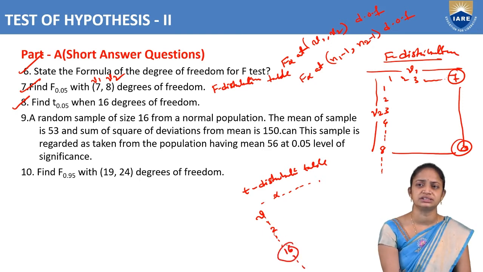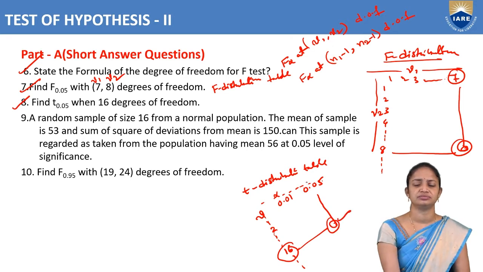We have to take 16 from nu, and for alpha, for example, this is 0.01, and 0.05 is here. So alpha value is 0.05 and the nu value is 16. We have to take this value from the distribution table.